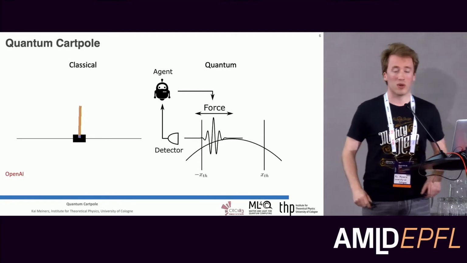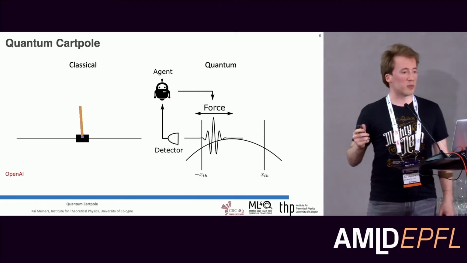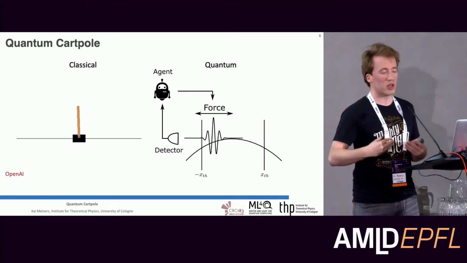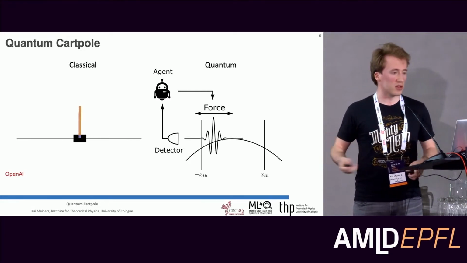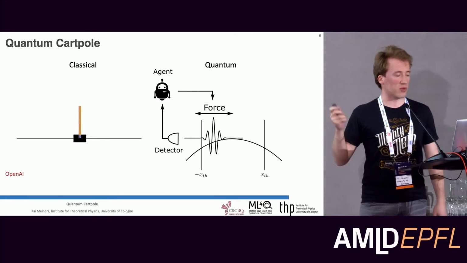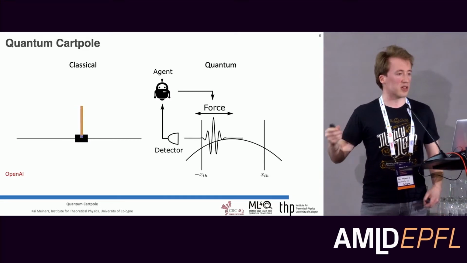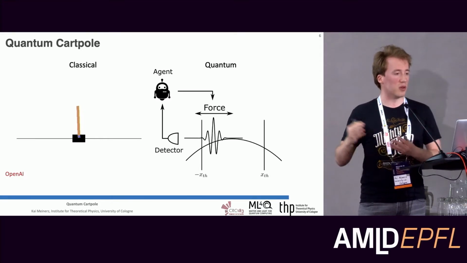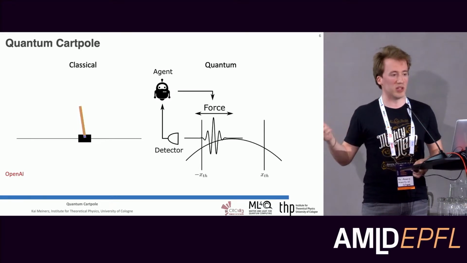To avoid that, we perform measurements of the wave function to get information about its position and momentum. This information is fed to a reinforcement learning agent, which then decides to apply a kick operator, basically a force which should push the wave function back to the middle.